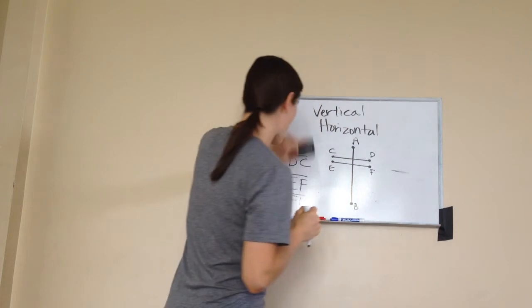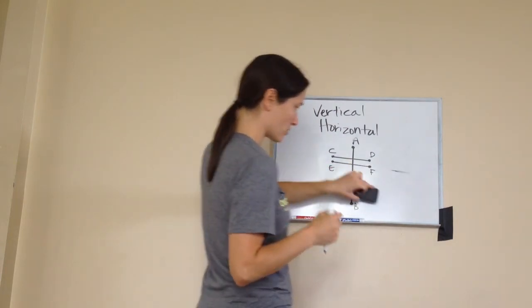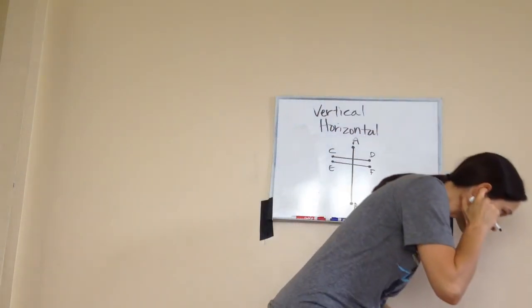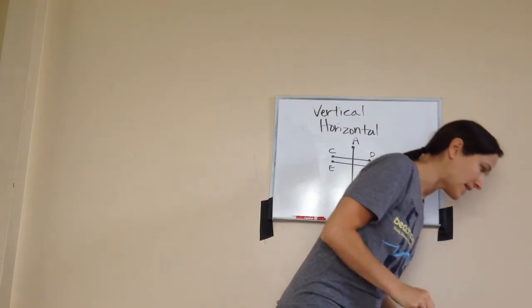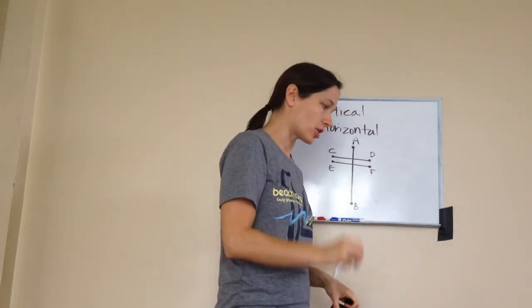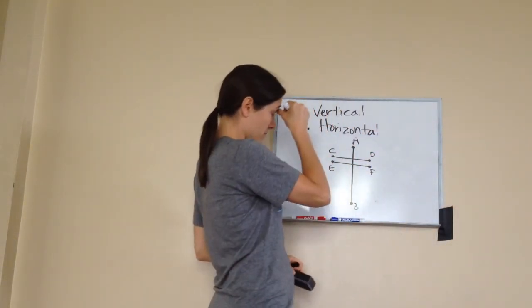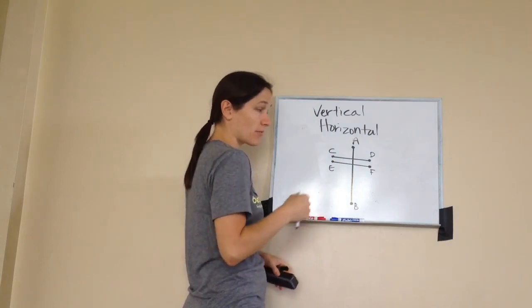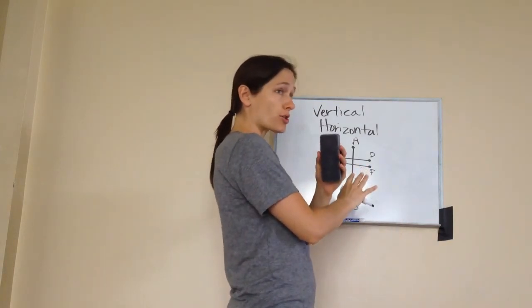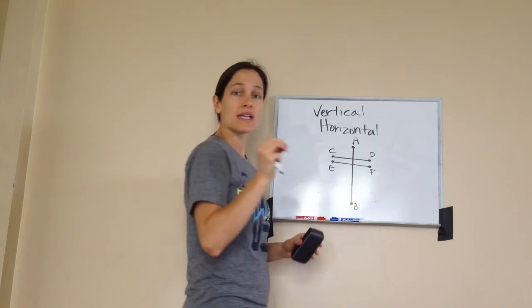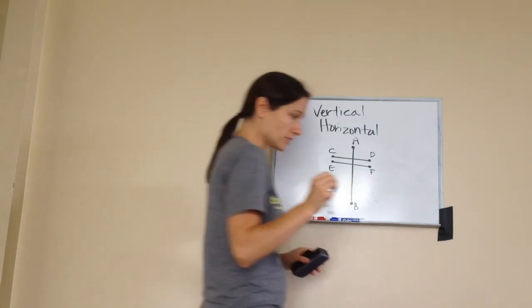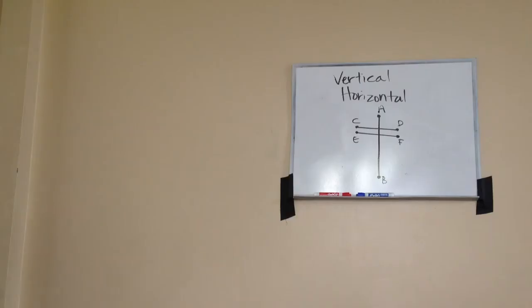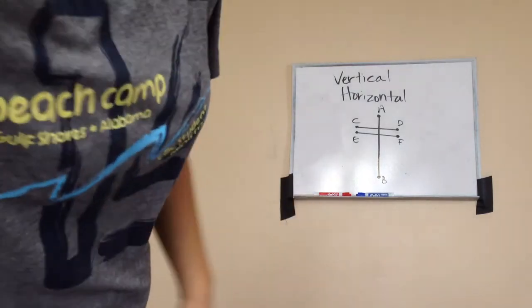All right, now, they asked me this question, and this is where you'll have to use the knowledge that I taught you in the beginning. They asked, name a segment perpendicular to CD. Perpendicular means lines that cross and form perfect 90-degree angles.